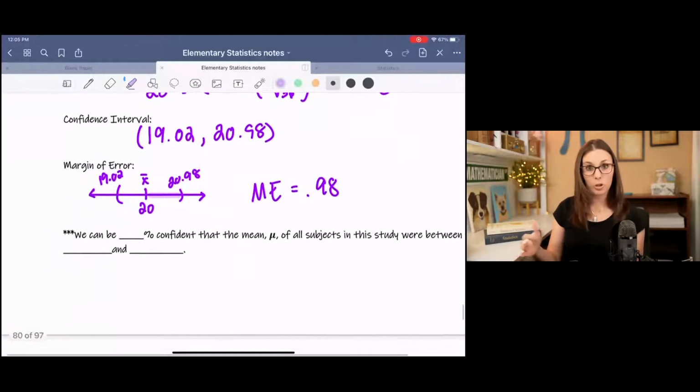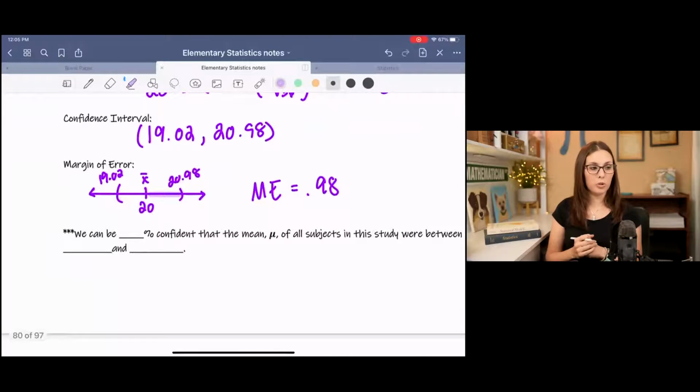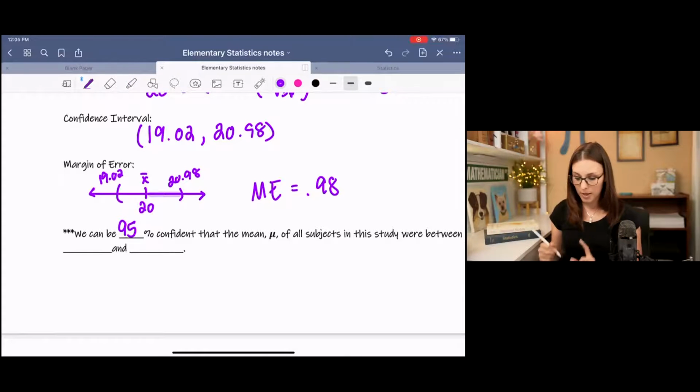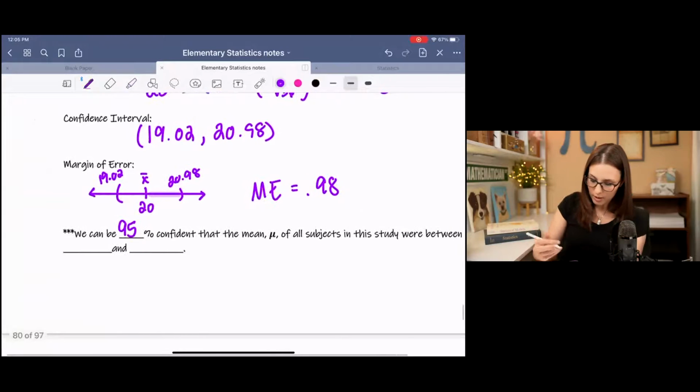And then we're going to interpret. Last part of this problem, we're going to interpret. We can be 95% confident that the population mean, or they say the mean of all subjects in this study, is between 19.02 and 20.98.